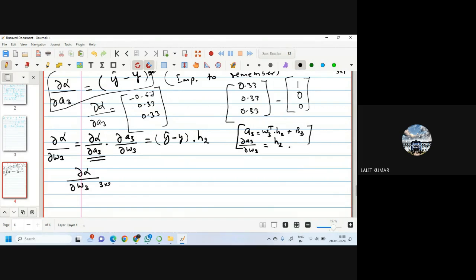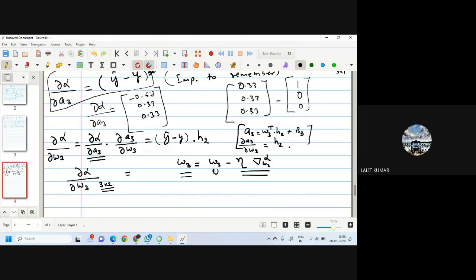This part is again something I didn't understand. How do you say that it is W3? See, what do we use? W3 is equal to W3 minus nu into del L by del W3. So the size of this has to be equal to this, then only we will get the same size matrix, because we are doing matrix subtraction.